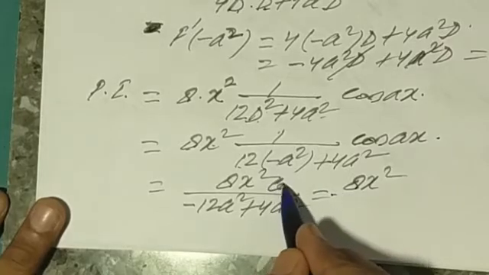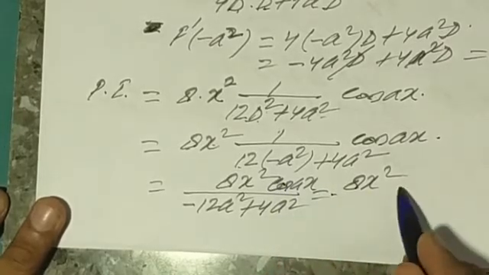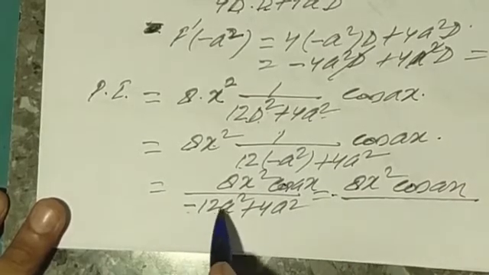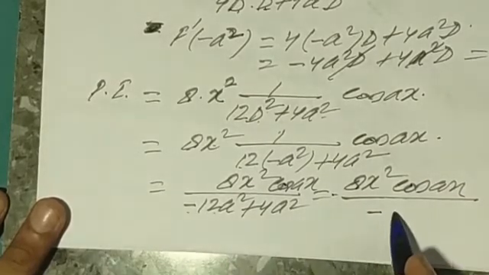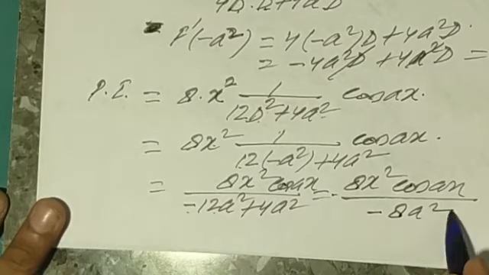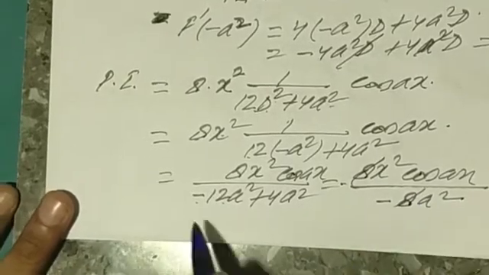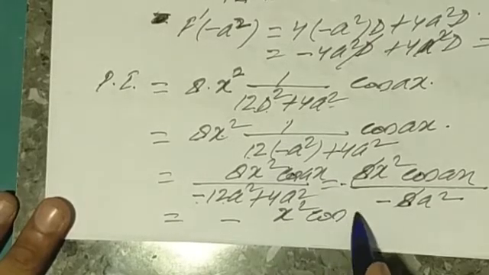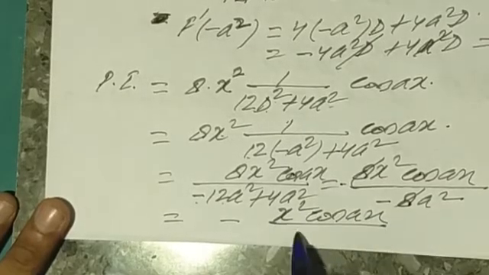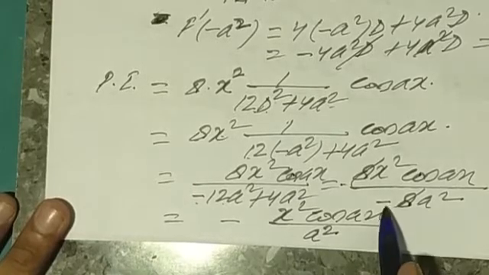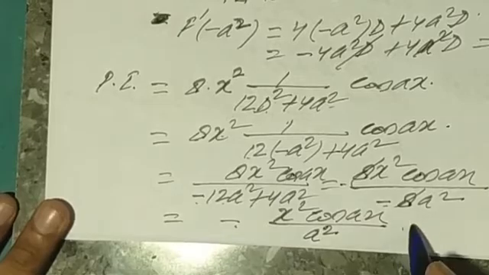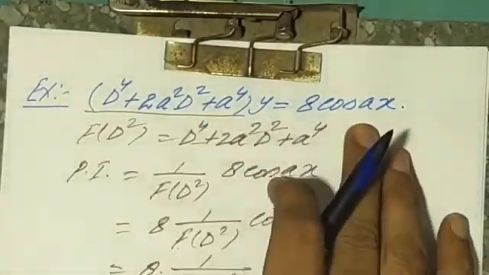So 8x² cos ax upon minus 12a² plus 4a², which is minus 8a². 8 is cancelled by 8, and ultimately we get minus x² cos ax in the numerator, and in the denominator only a² because we have taken minus as common. So this is the PI of this differential equation.